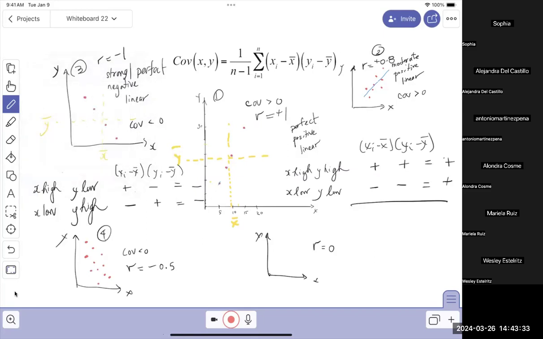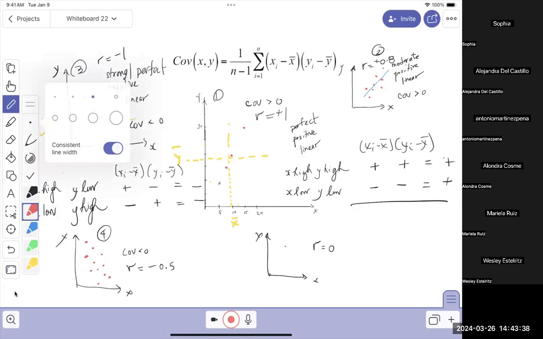It's going to be no trend, just flat, like Diego's showing, flat, random data, no trend, R is 0. Something messy, scattered everywhere.